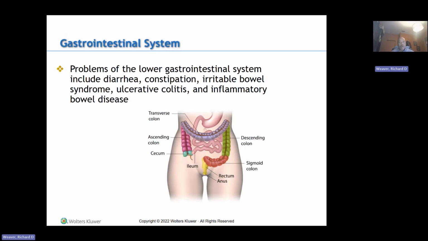Now, treatment with opioid drugs and the after effects of abdominal surgery, any kind of abdominal surgery, can slow down the movement of those fecal materials through the colon. And of course, this can result in constipation as well.